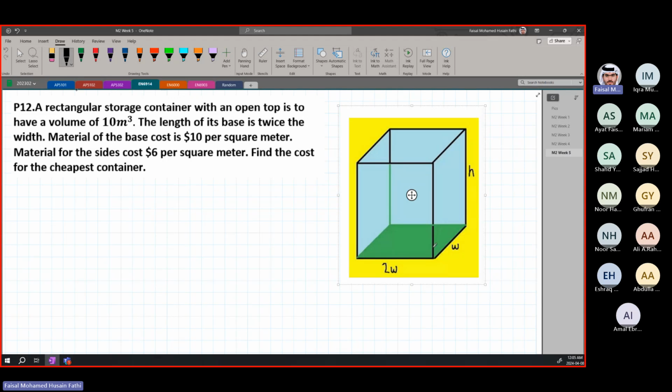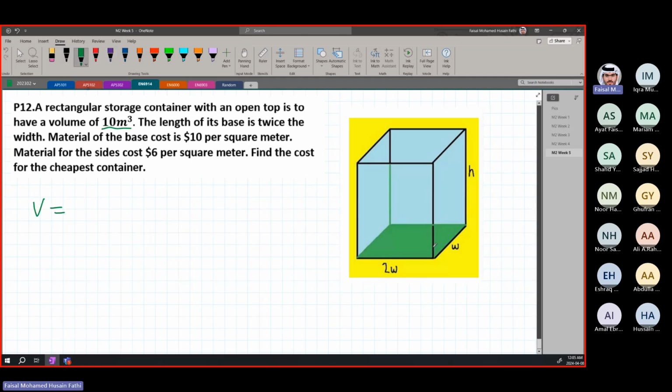A rectangular storage container with an open top has a volume of 10 meters cubed. So we know that the volume is equal to 10 meters cubed, and we know volume is length times width times height, right? The length of its base is twice the width.